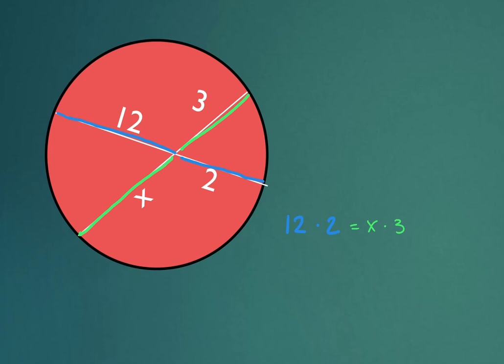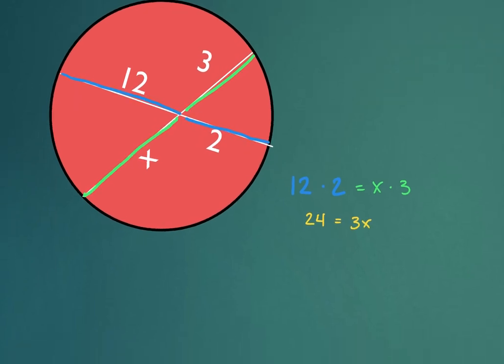So, what's 12 times 2? 24 equals 3x. And then we just divide by 3, and you get 6 equals, I'm sorry, not 6, 8 equals x. Now, this is true for any 2 chords that intersect inside the circle.